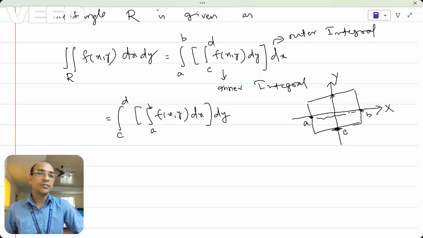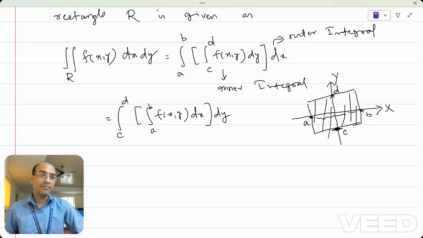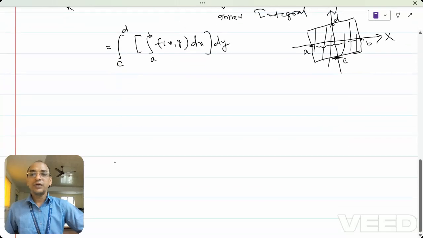So I can say this is my lower limit C, this is my upper limit D. So this is my region over which I am evaluating the double integral. Here A, B, C, D are all constants, then only this is possible. Constant means it will form a rectangle, and that's why we say this is the double integral over the rectangle.